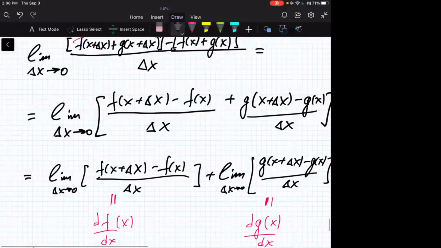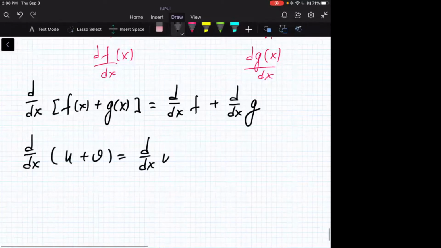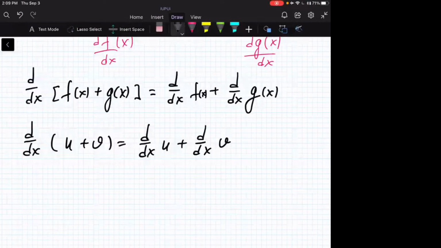And if I come back to my u and v functions, then I'll get d over dx of u plus v is equal to d over dx of u plus d over dx of v. It's just different notations. And that's basically the proof.